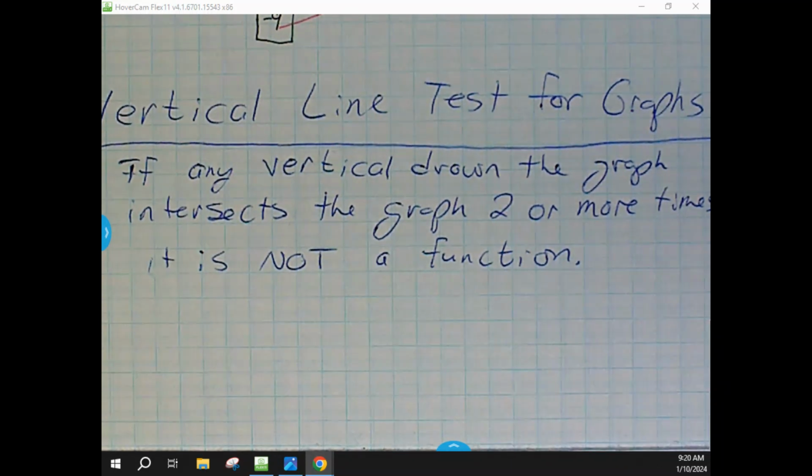And again, you only need one. If there's 10 of them, that does the same thing. But if you can find one vertical line that you can draw through the graph, and it hits the graph two or more times, it's not a function.